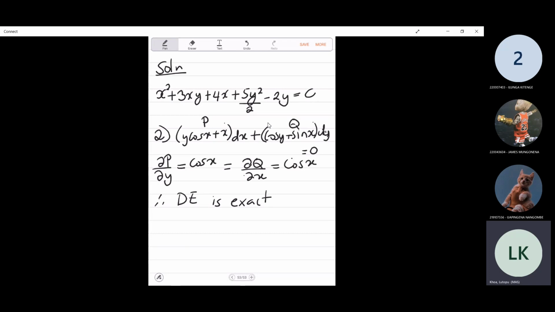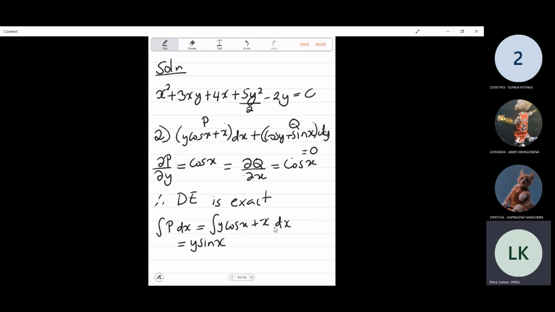Okay, so now we integrate. I'm going to integrate p with respect to x. This is the integral of y cos x plus x dx. The integral of cos x is sine x, so I have y sine x.